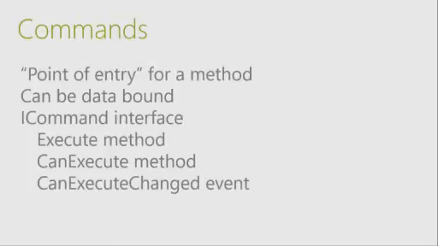There is a CanExecute method. This one is optional. You don't have to implement it, optional in the sense you don't have to actually call it, right? If it is called, what is going to happen is it is going to evaluate the context of the command. It's going to return true or false to say yes, the command can be executed, or no, it cannot be.